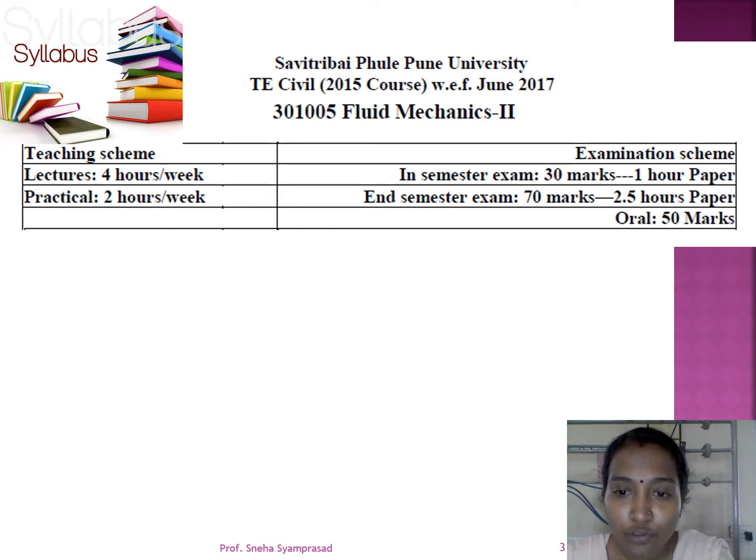For fluid mechanics 2, we have lectures 4 hours per week and practical is for 2 hours per week. In sem marks is for 30, end sem is 70 marks, and oral is 50 marks.